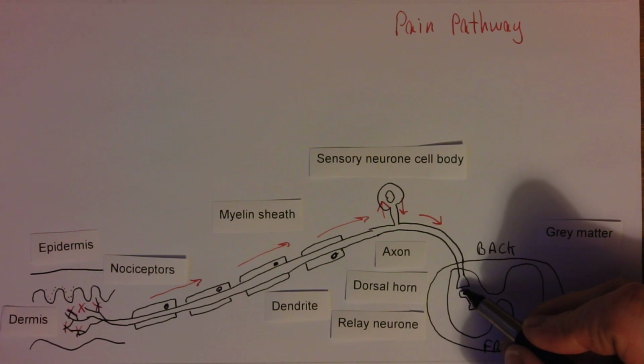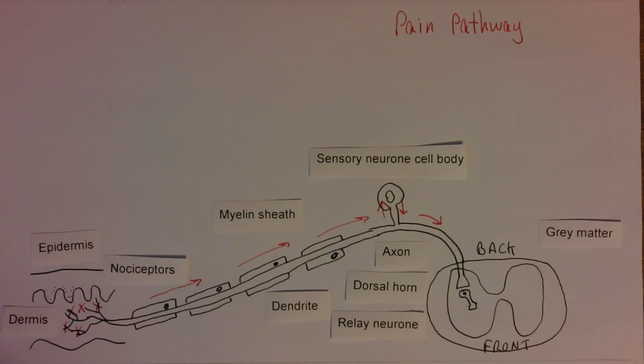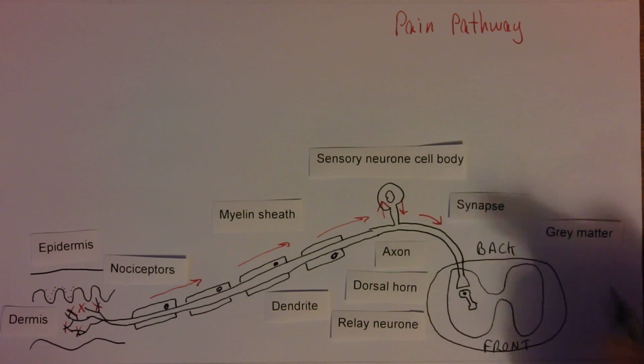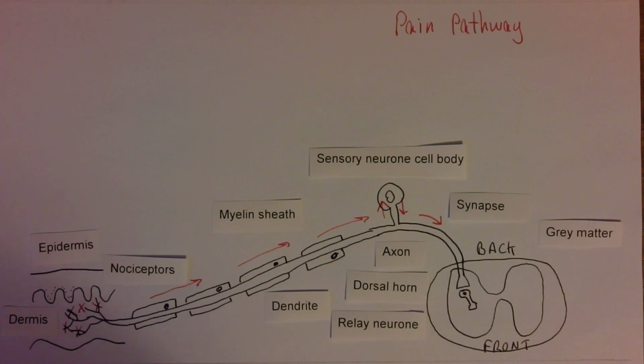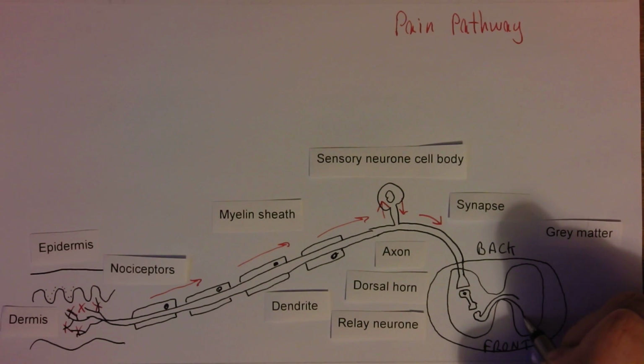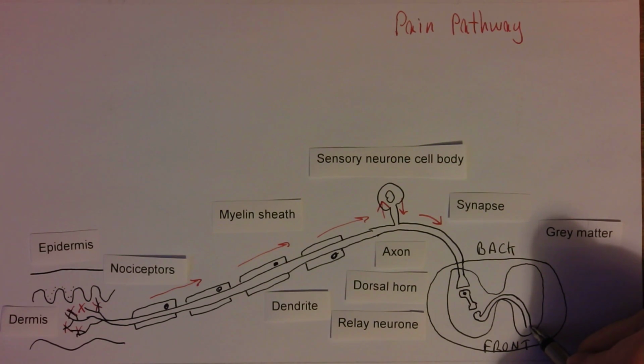And we also notice that between the axon there and the relay neuron there's a small gap. Small gaps between nerves you might know as synapses. So that is a synapse. Then there's another synapse here before the next neuron starts, and this neuron goes across the spinal cord like this. And it goes out of the grey matter of this anterior horn into the white matter.